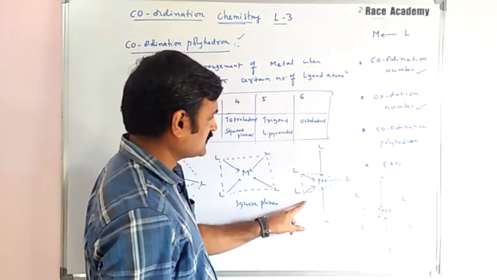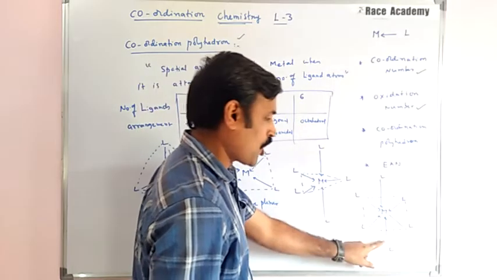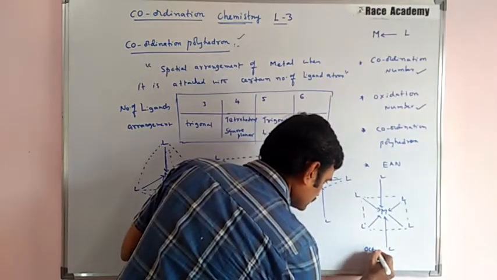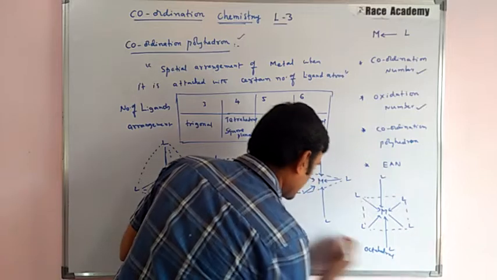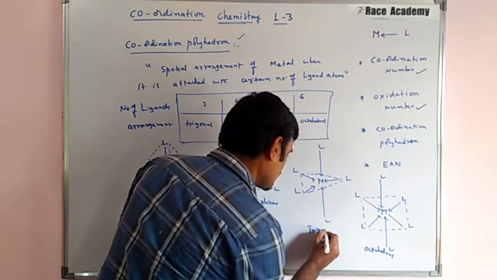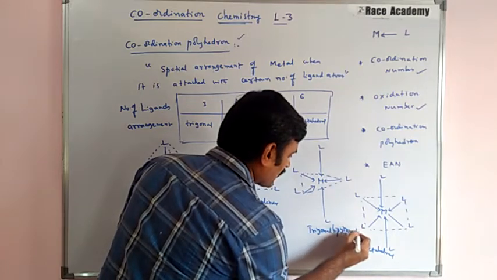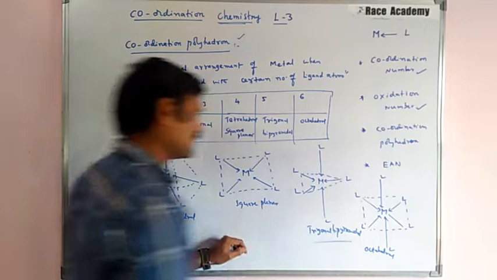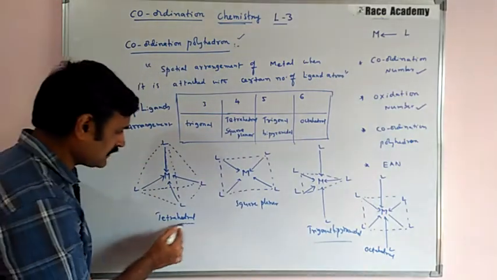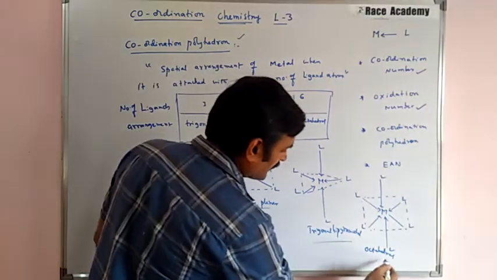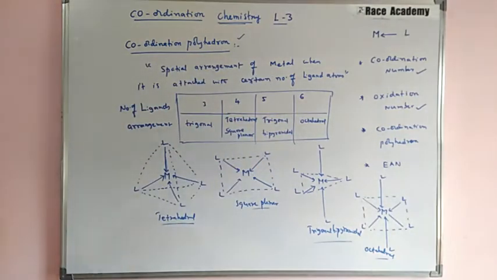So this is trigonal bipyramidal, this is octahedral. This is tetrahedral, square planar, trigonal bipyramidal, octahedral. Like this, these 4 different kinds of geometries we can observe when the number of ligands around the central metal is specified.